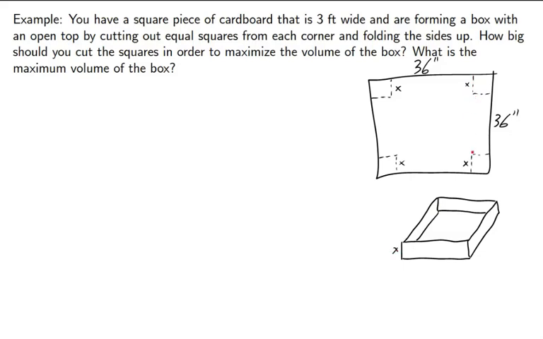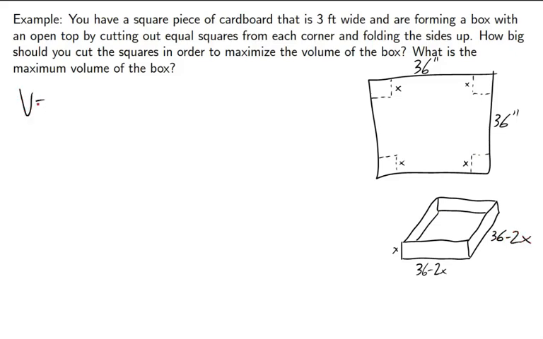The width of the box would be this length, which was 36, but we subtracted x twice from it, so we get 36 minus 2x. And similarly, this one is also 36 minus 2x because we're cutting squares from a square.